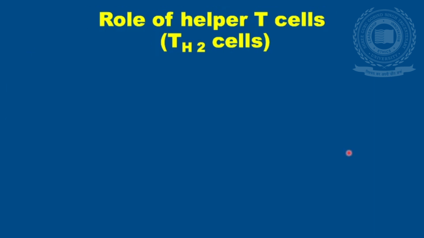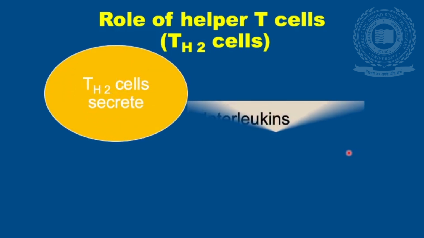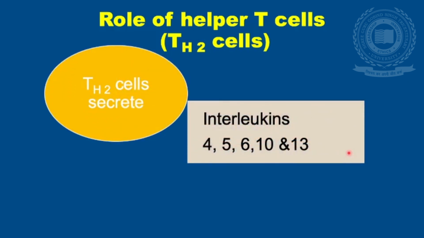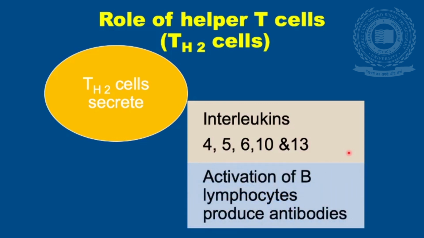Th2 cells secrete interleukins 4, 5, 6, 10 and 13, which cause the activation of the B lymphocytes to produce antibodies.